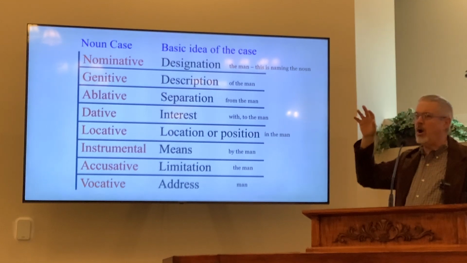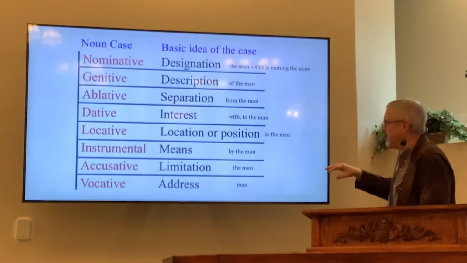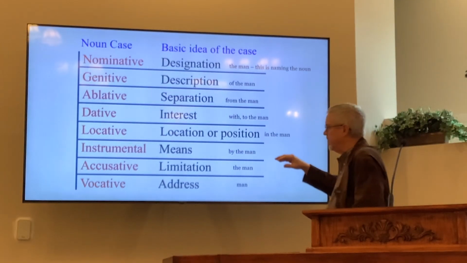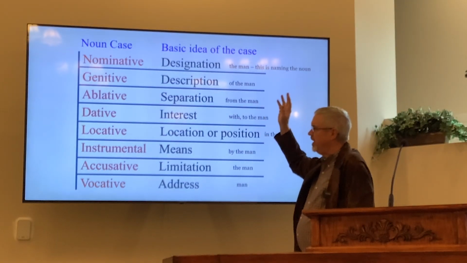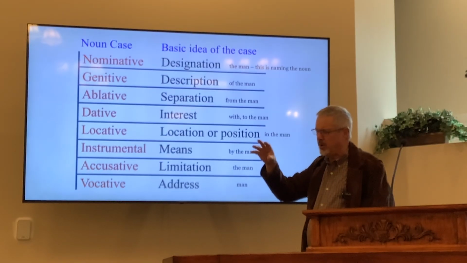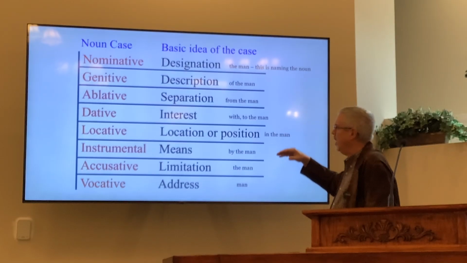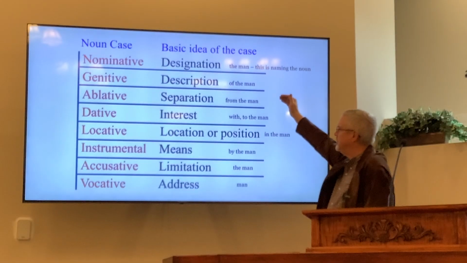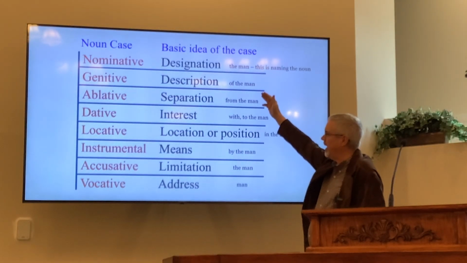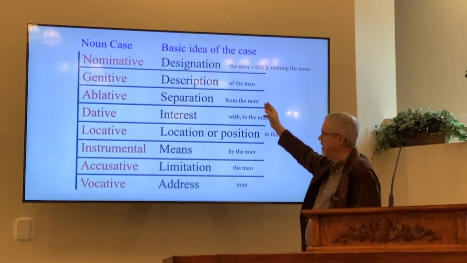There are other things that can come in, with more nuances and complications than what we're getting here. But basically, the genitive case is "of the man." Ablative is separation, from the man.